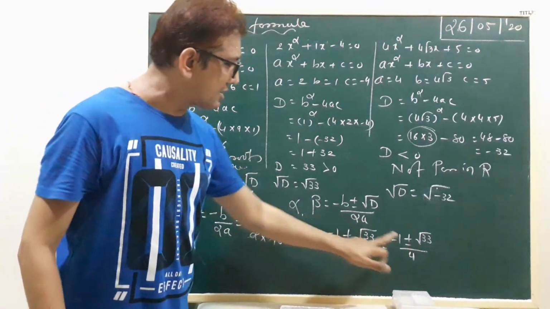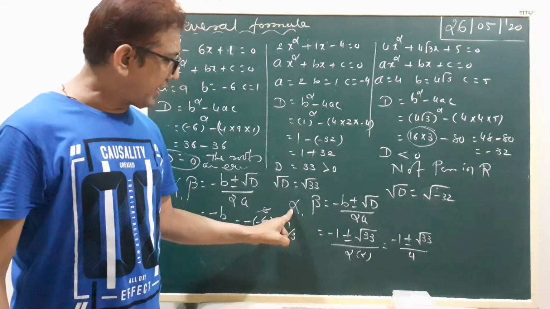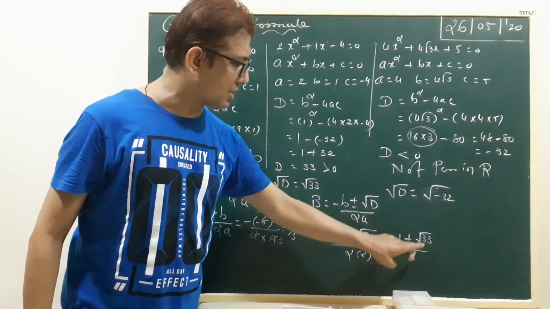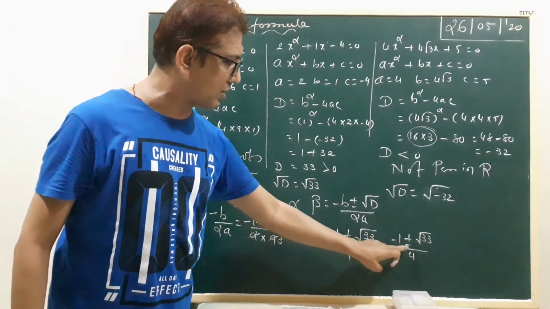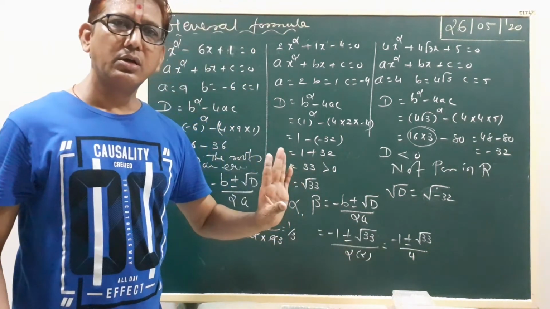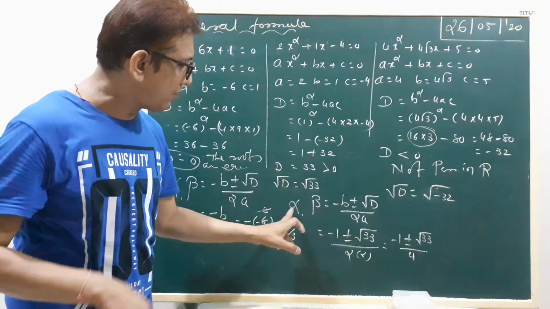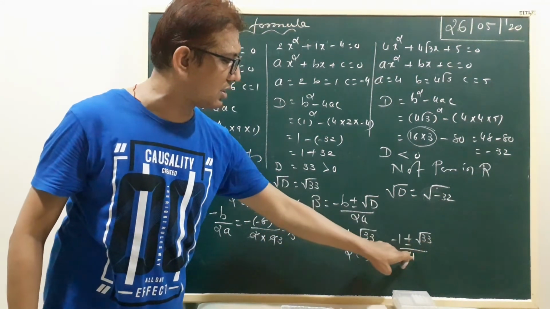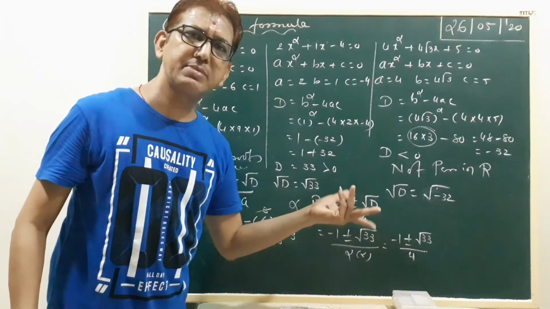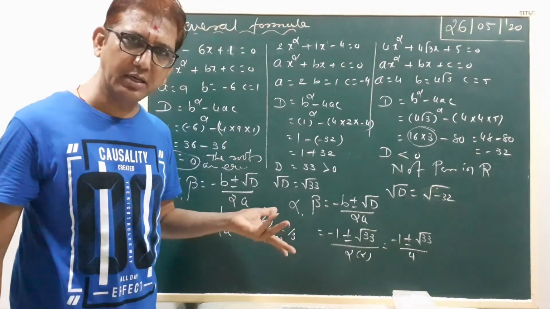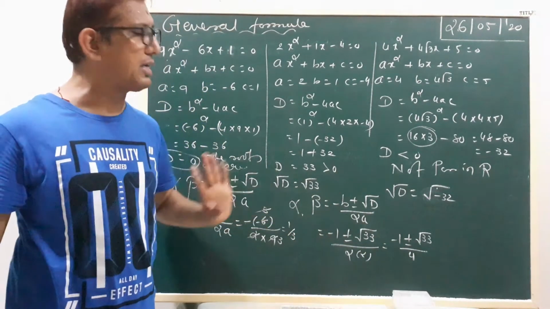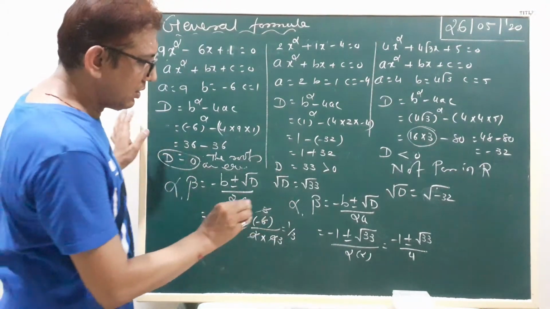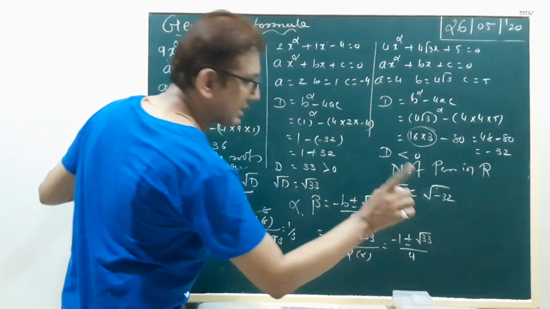You can write alpha and beta as different answers. Alpha equal to minus 1 plus root 33 upon 4, beta equal to minus 1 minus root 33 upon 4. Otherwise you can interchange the answers. Any one you can call alpha and beta, it's not important.